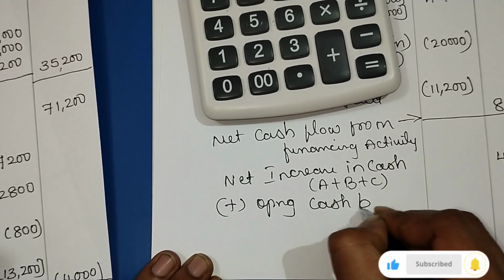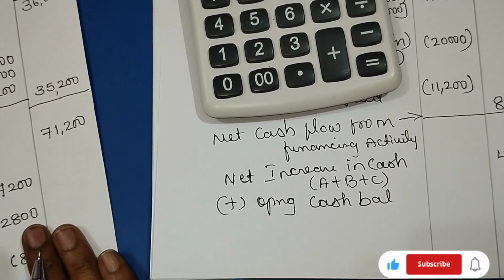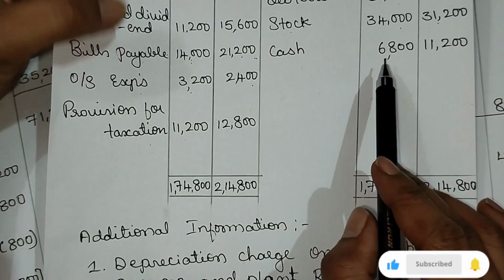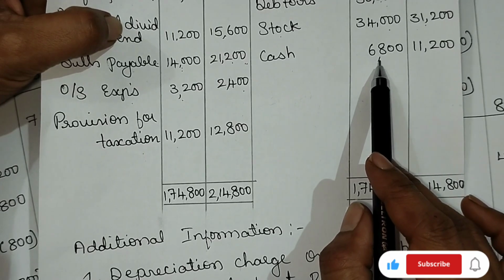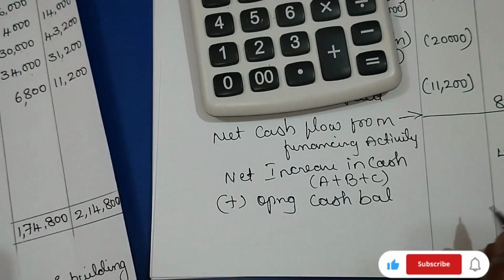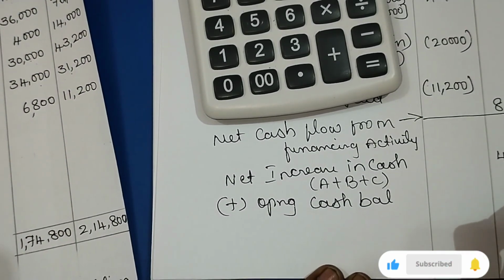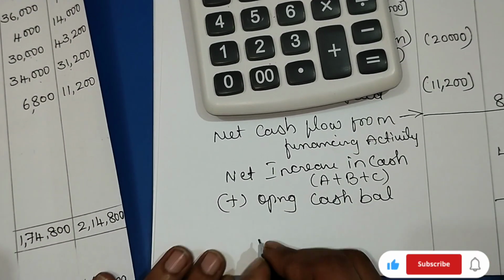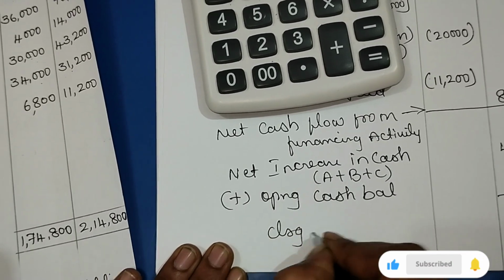Opening cash balance. Opening cash balance is, in the question whatever given in the previous year will be our opening balance. Current year is closing balance. Opening balance is 6,800. If you add, you should get your closing balance of cash.